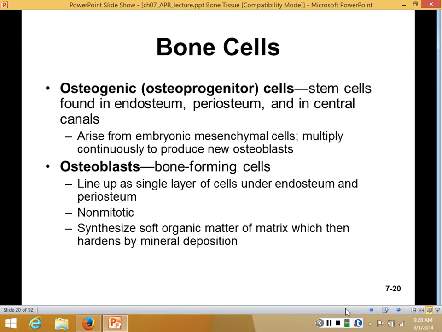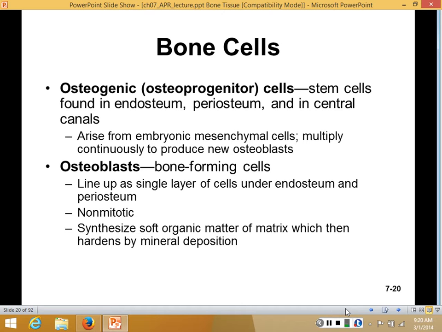So here you have it. They have each one listed with their major duties. I mentioned your osteogenic cells. They come from the mesenchymal cells, which we talked about in Chapter 5. Mesenchyme can give rise to any type of cartilage or tissue in the body, because they're considered stem cells as well.